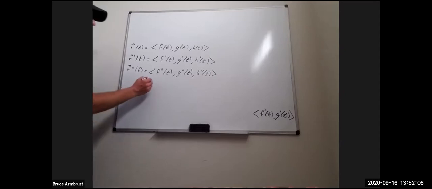Normally the second derivative is far enough, especially in an applied sense, because we don't usually care about much beyond acceleration, unless you're looking for jerk, which is the third derivative, but there you go.